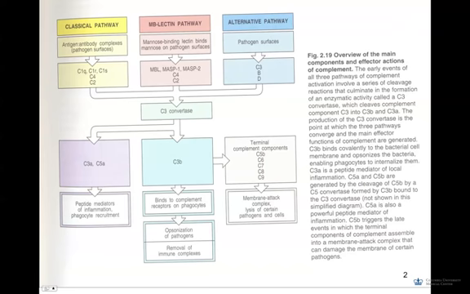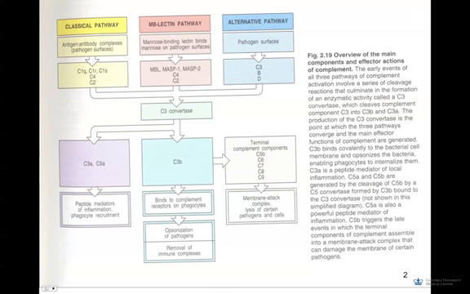MBL is similar to C-reactive protein, CRP. MBL and CRP are both produced by the liver during systemic inflammatory responses, and again, their purpose is to increase the probability of complement activation.